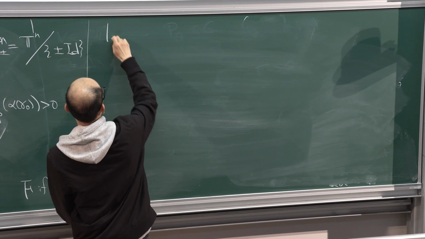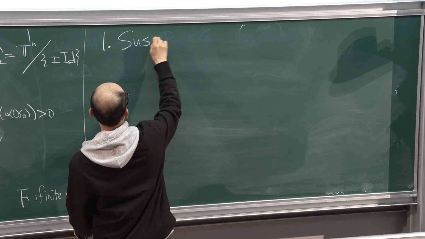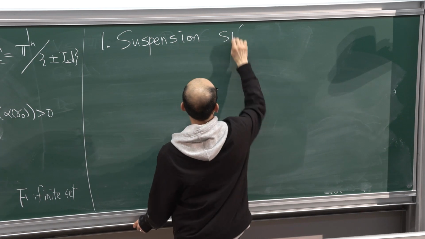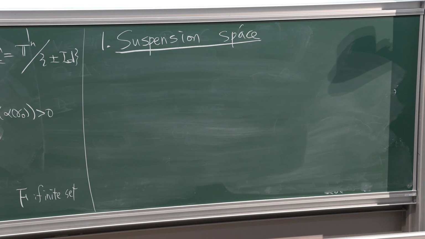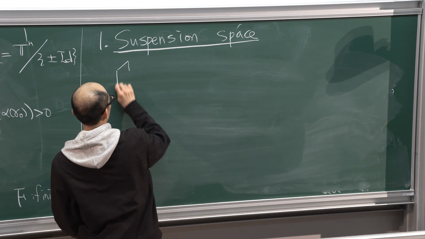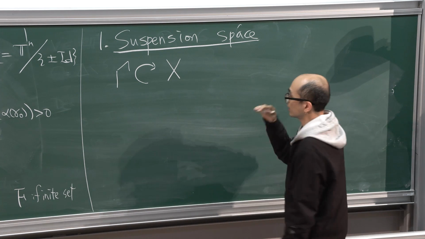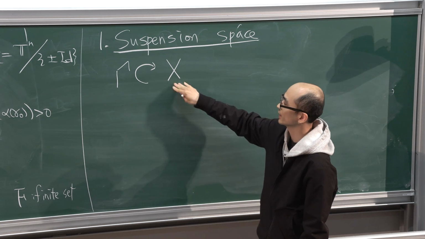Let me start with some definitions. I want to start with the suspension. These are all about the Gamma action. If you have a Gamma action on some topological space, this is quite general, but if you want, you can just assume that X is a manifold and the action is smooth.